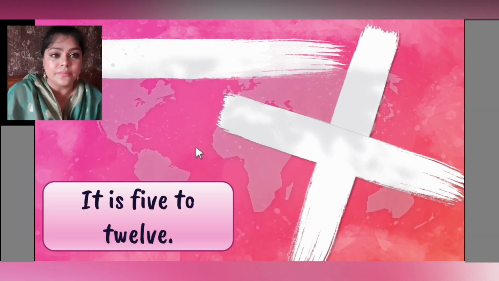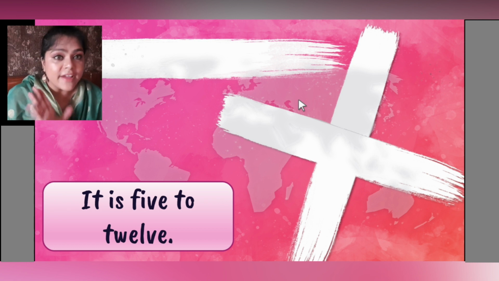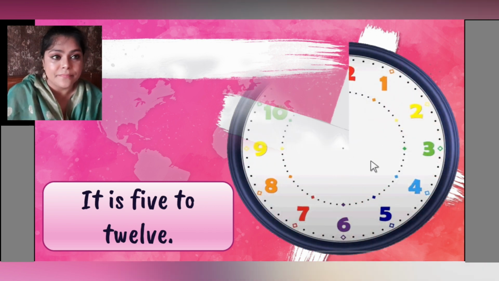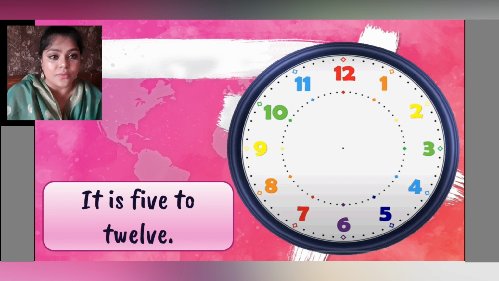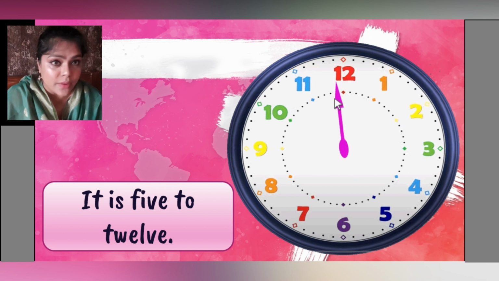And the last one. It is 5 to 12. It is 5 to 12. That means only 5 minutes are left for 12 o'clock. Let's see the watch. Okay, now it is 5 minutes to 12. Now our hour hand will be pointing near 12 o'clock. It is not 12 o'clock yet.